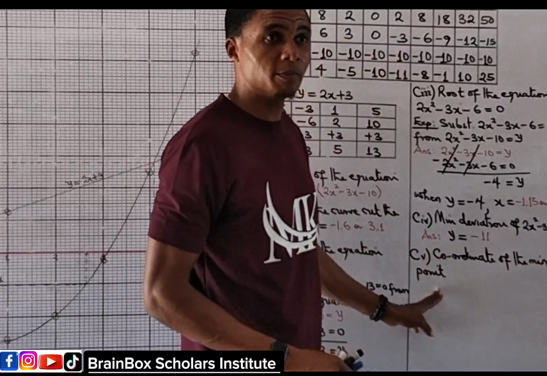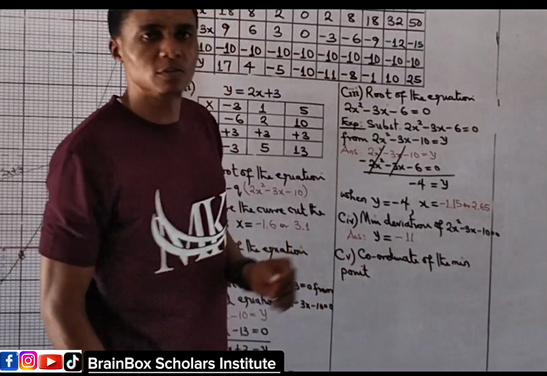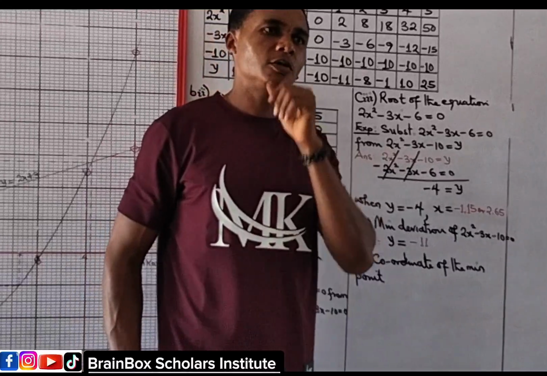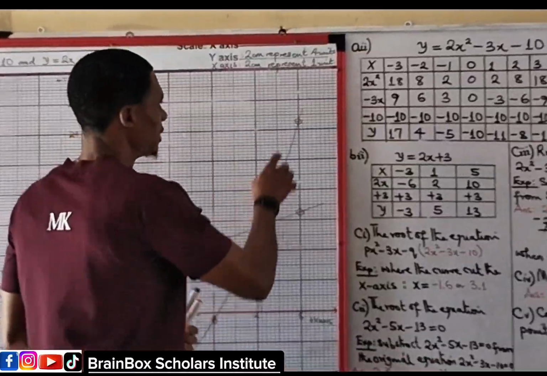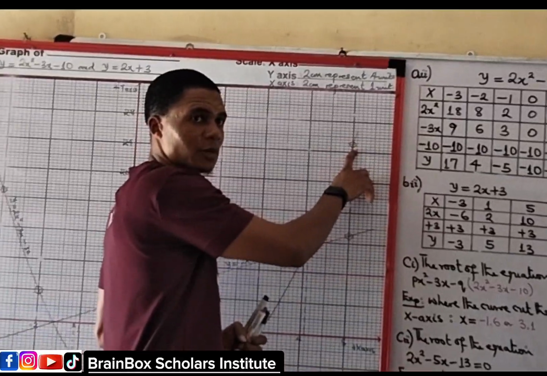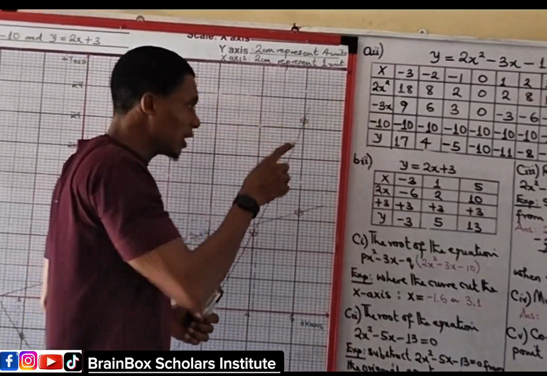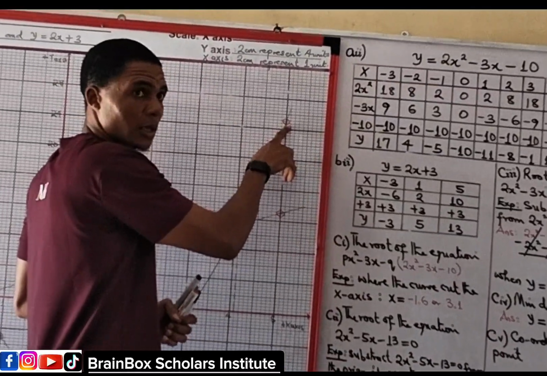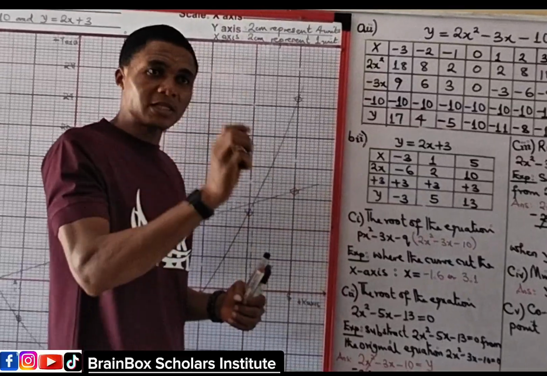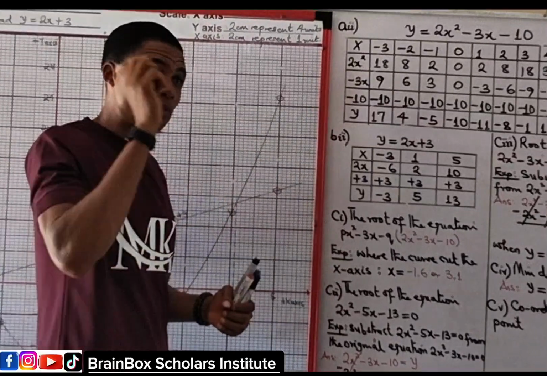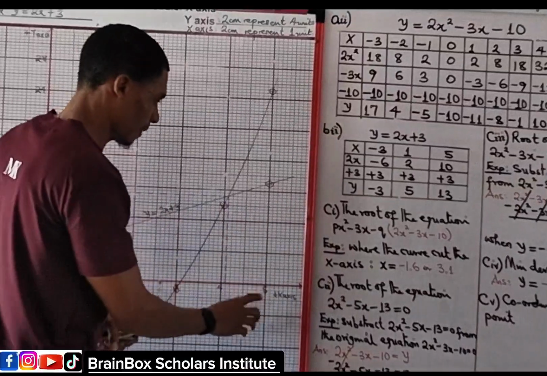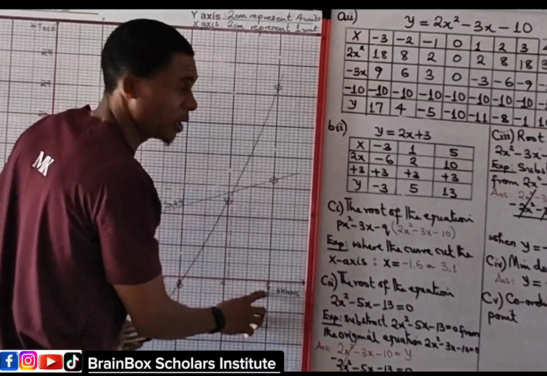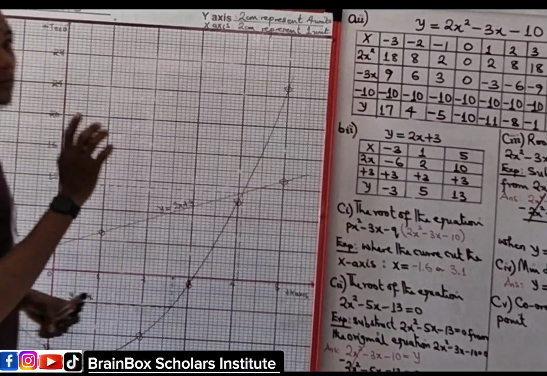Coordinate simply means, let me give an example. So if we understand what I want to do here, look at this point here. If we ask you now, what is the coordinate of this point here? It simply means the x value and the y value that produces that point. And 25.